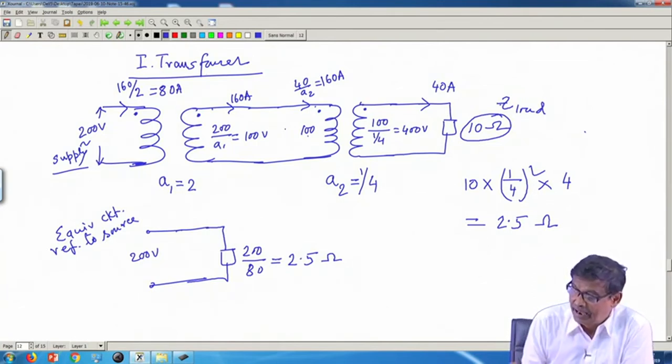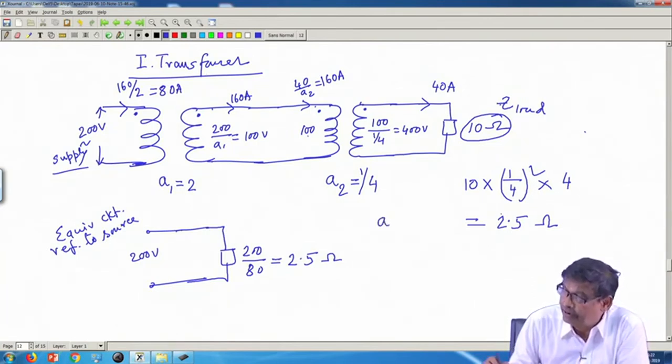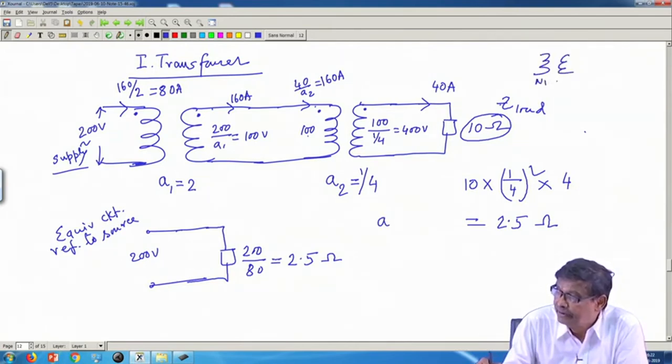See, A I have defined for a transformer, I have defined A to be N1 is to N2. A is this.